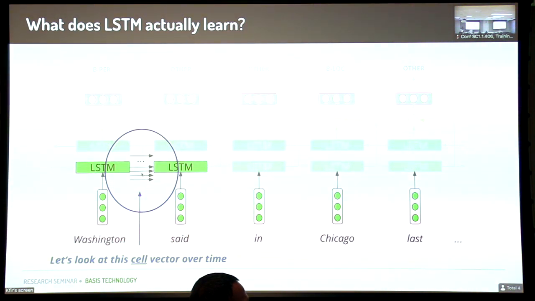You decide what the size of this output vector is. So let's say it's 500. That's what we're using at Basis. So we have 500 dimensions right here, and we can look at this vector while it moves from one word to another. It travels in time, right? And we can see how it gets modified and see if we detect specific patterns.